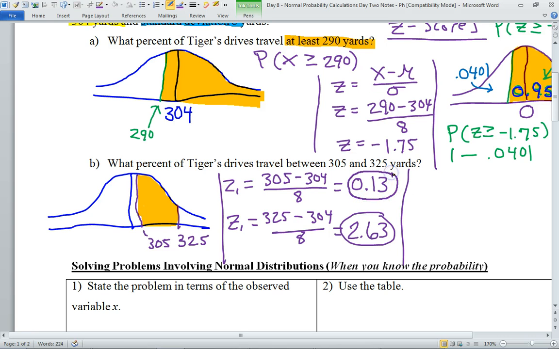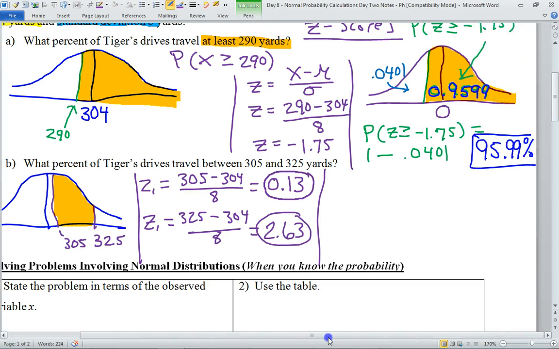Okay, so these are the z-scores that I'm going to use. So I'm making a new picture so I can keep my mind straight about it. There's my mean. Just for fun, here's 1, 2, 3 standard deviations. So the mean is 304, right here.